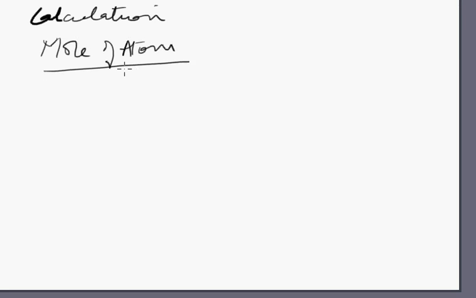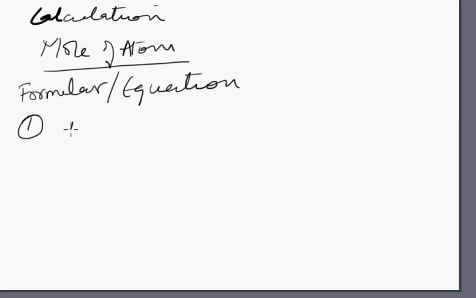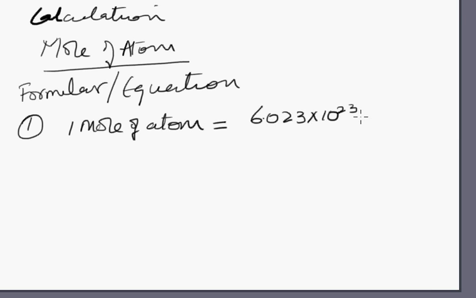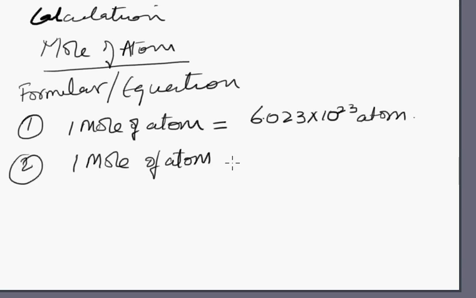If we talk about the calculation part of mole of atoms, we should know the equations. The first equation we have derived is 1 mole of atom is equal to 6.023 into 10 to the power 23 atoms. The second equation is 1 mole of atom is equal to gram atomic mass.